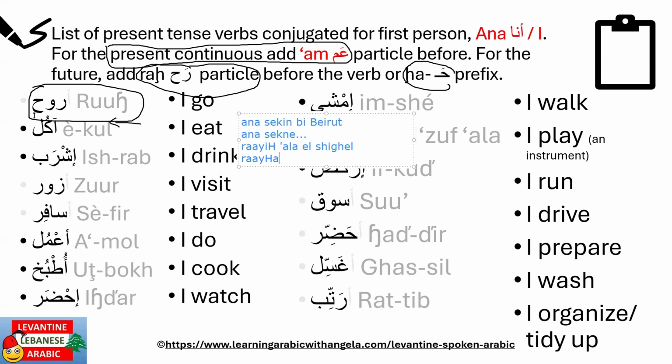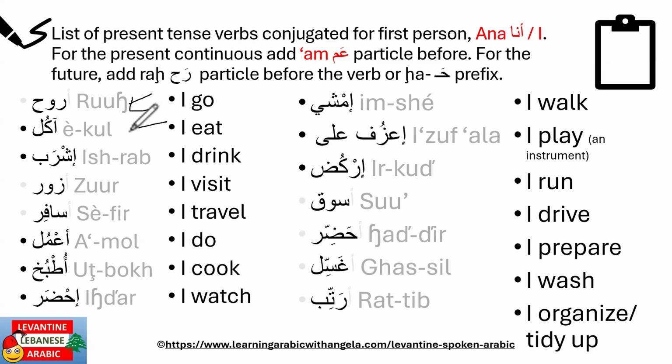So hence we have to change it to the feminine when appropriate. So we never say أنا عم روح على الشغل. We say أنا رايح وأنا رايحة. For some verbs, in the continuous, we always use the participles. And I've got specific classes about participles that you can check out.